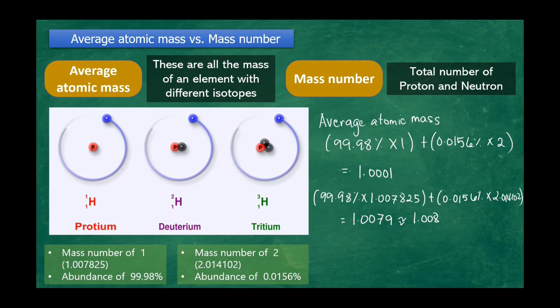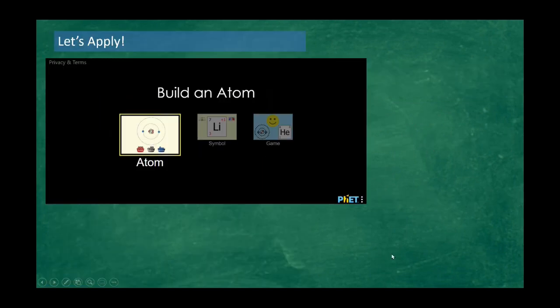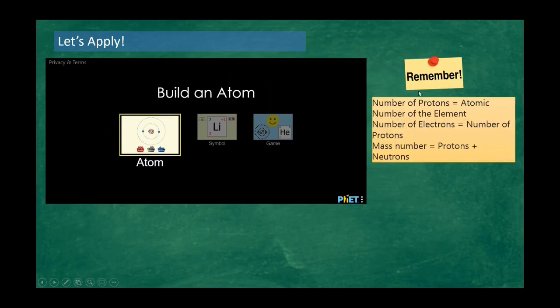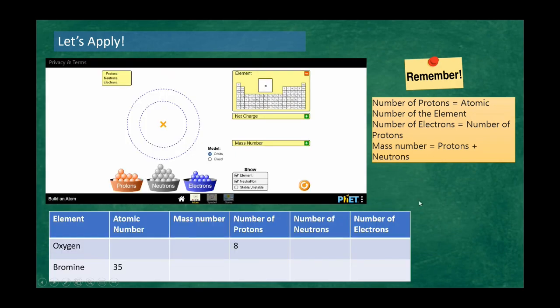Okay, so now let's move and apply this. We just have to remember that protons and atomic number are equal, electrons and protons are equal, and when you add protons and neutrons, that will equal the mass number. So now let's try oxygen.